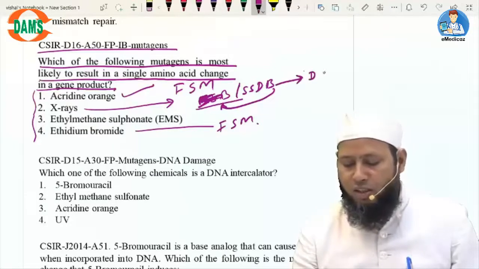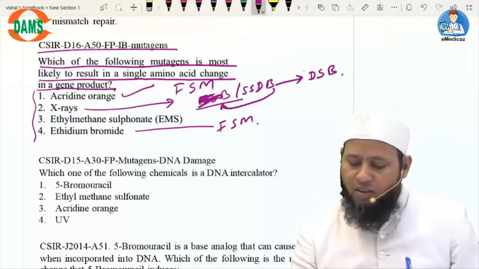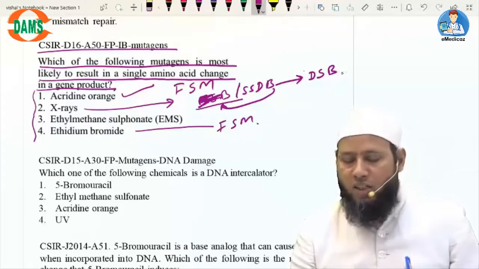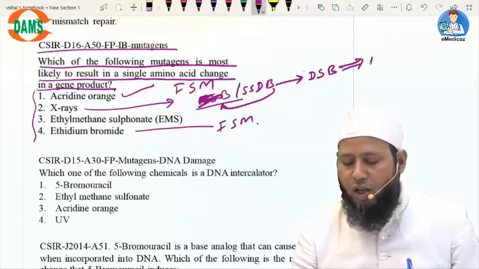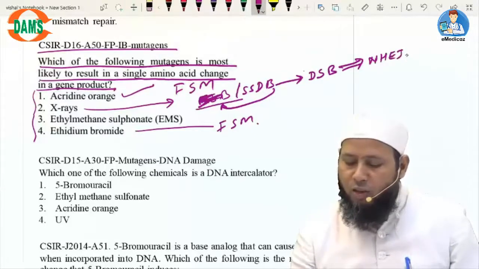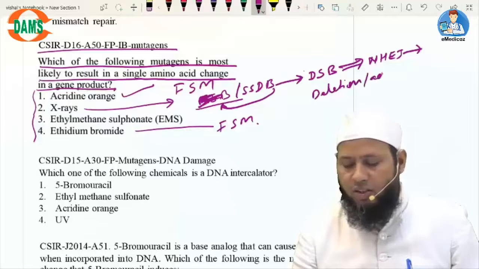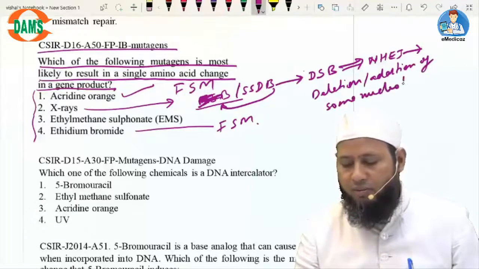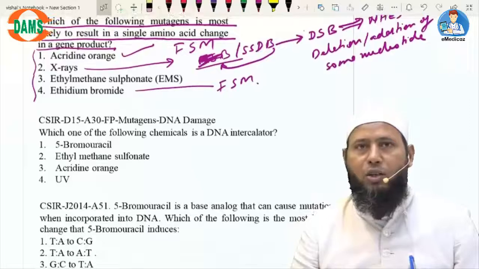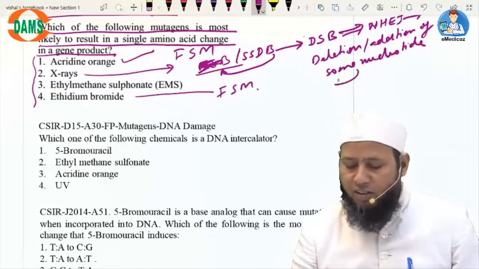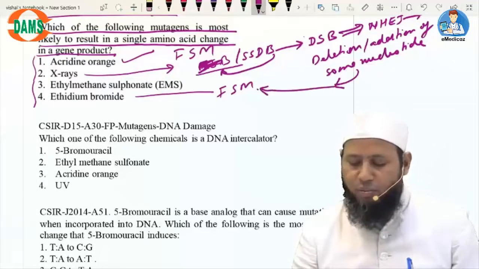These single strand and double strand breaks will result in non-homologous end joining repair, and non-homologous end joining repair results in deletion or addition of some nucleotides, and that will again result in frame shift mutation.